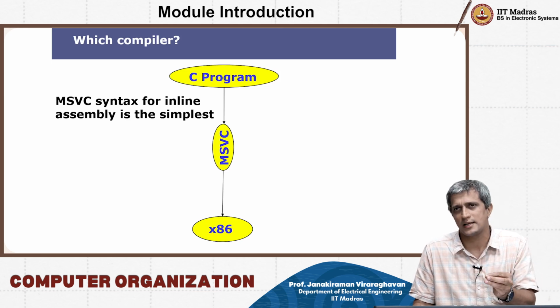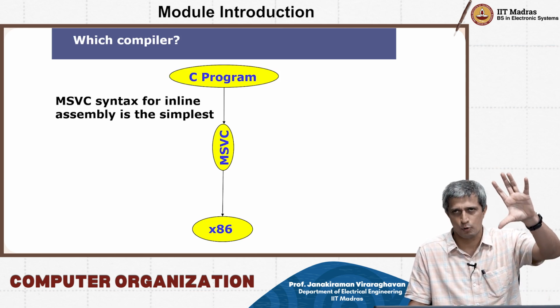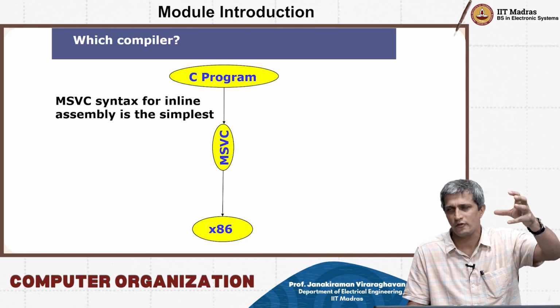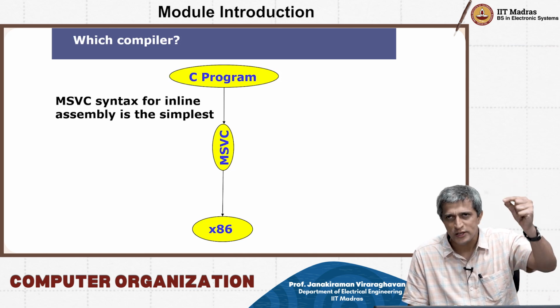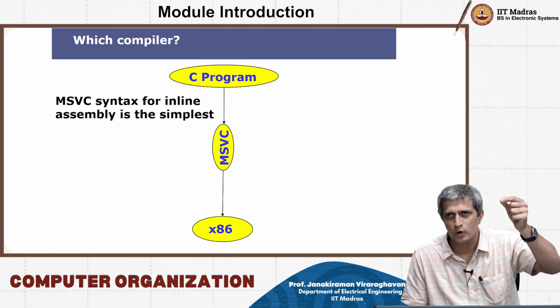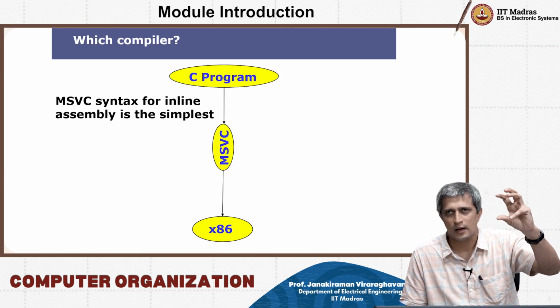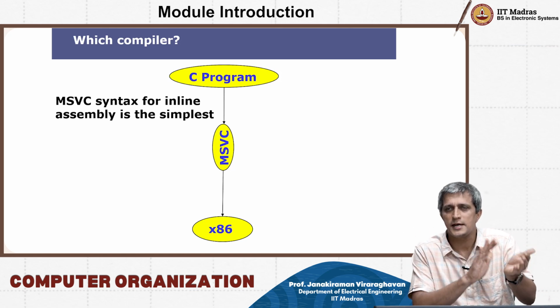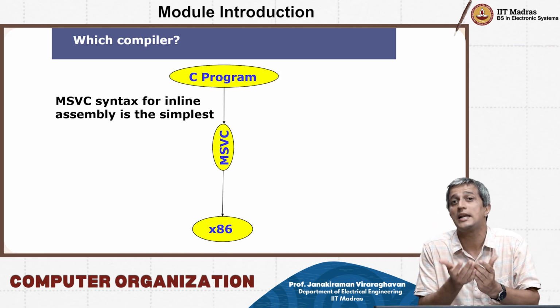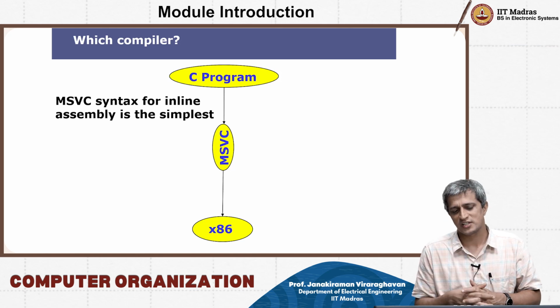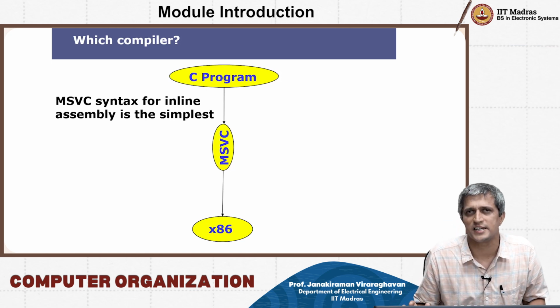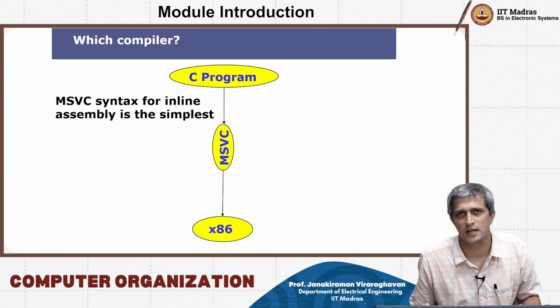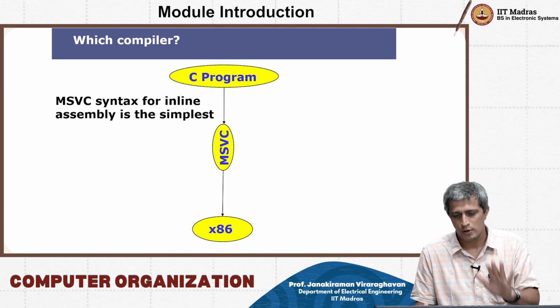In short, you can write a C program, a function or whatever it is, and then you can switch to assembly language, write something efficiently and then come back to C. This movement between C and assembly language is what we call inline assembly. The syntax for inline assembly is easiest with respect to MSVC, and that's the reason I will use MSVC as the compiler.